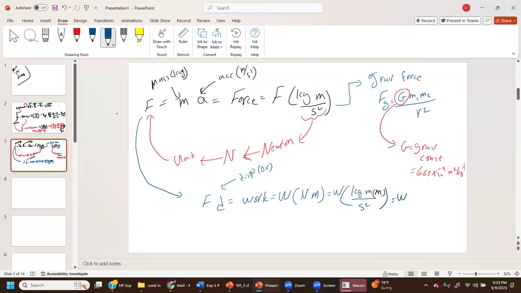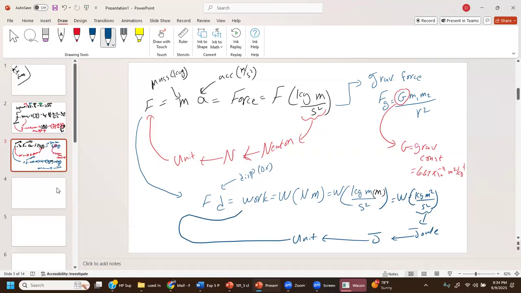And this means that the work is going to be in kilograms meter squared per second squared. And this is what we call the joule, which we gave the letter J, which is our unit for our work.